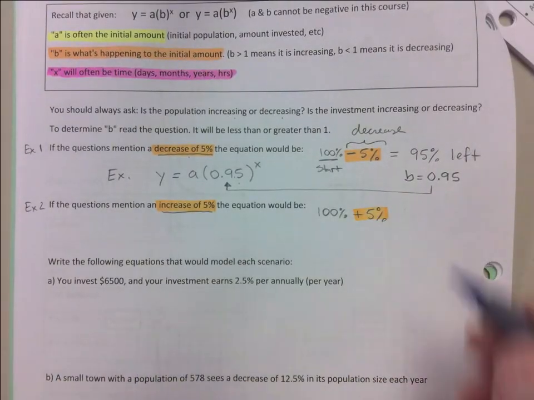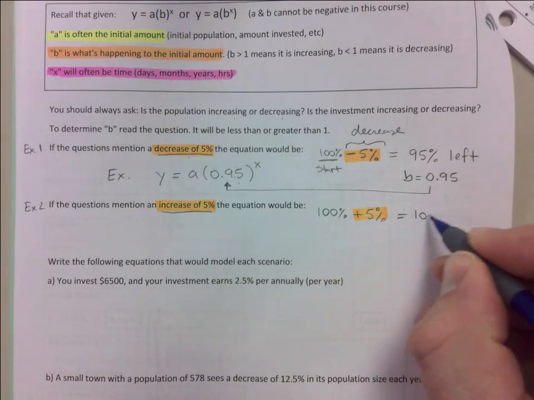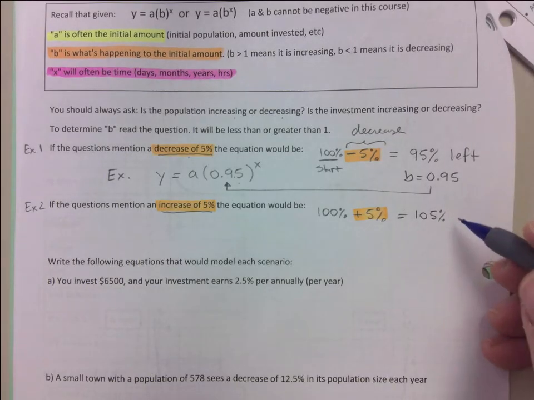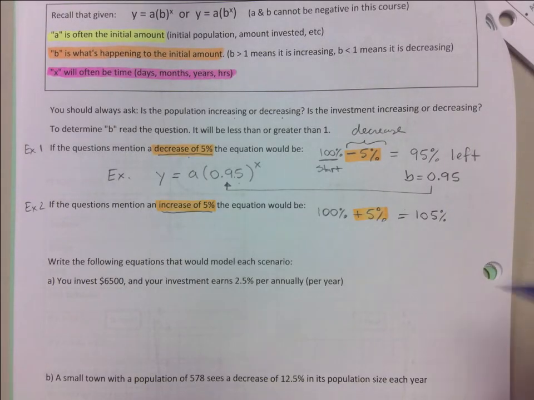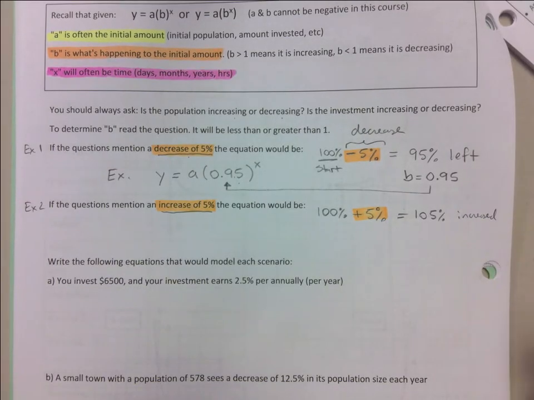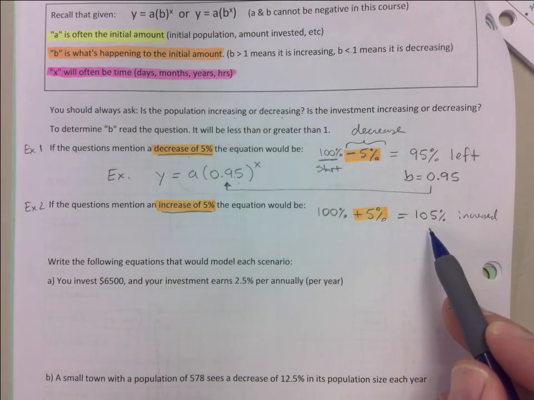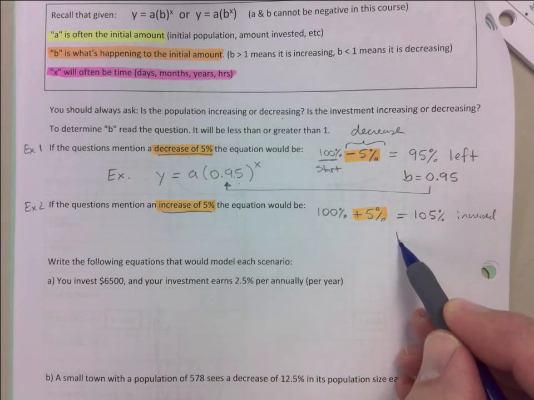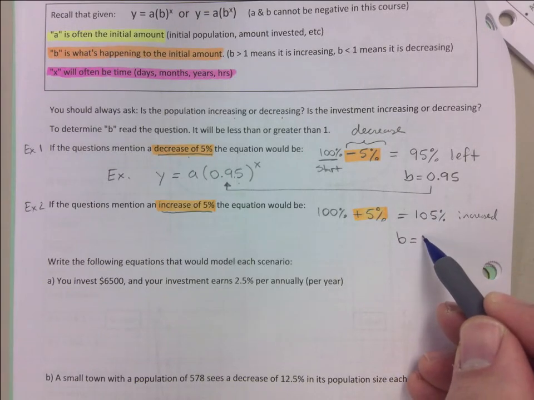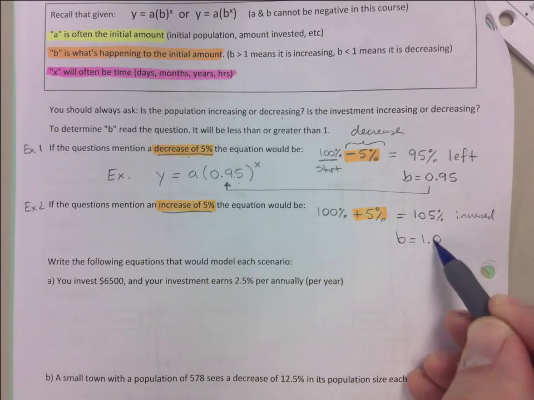So what do we end up with in this case? It's 105%, left, but you wouldn't say left, right? Increased to 105%. So what would B be in this case? You divide that by 100, what do you get? 1.05.